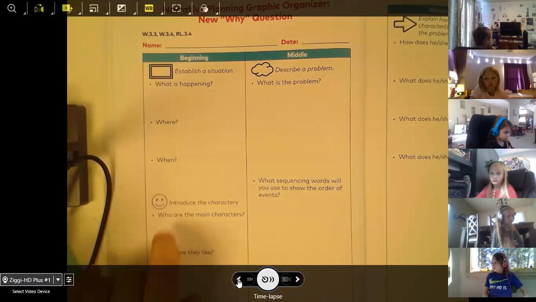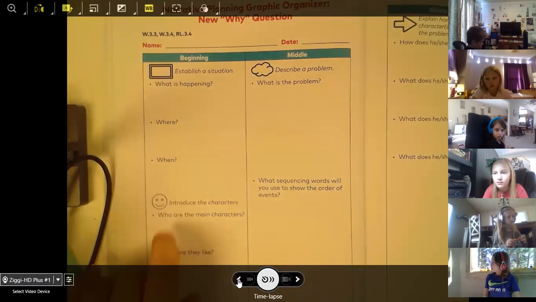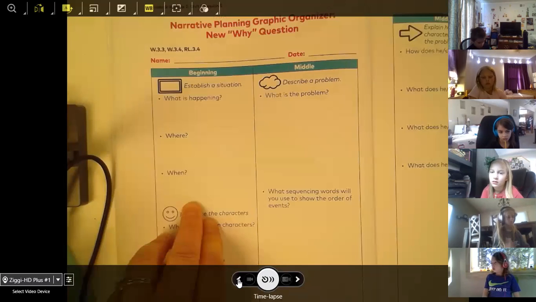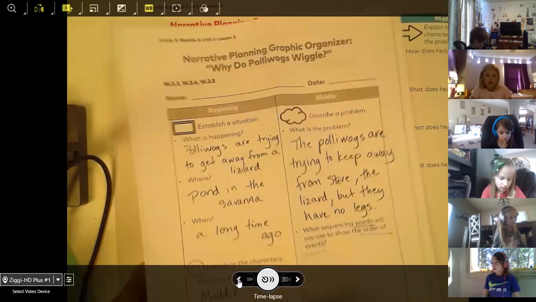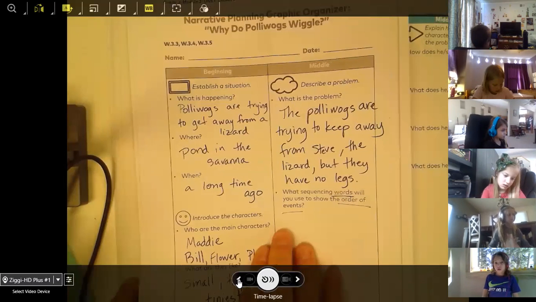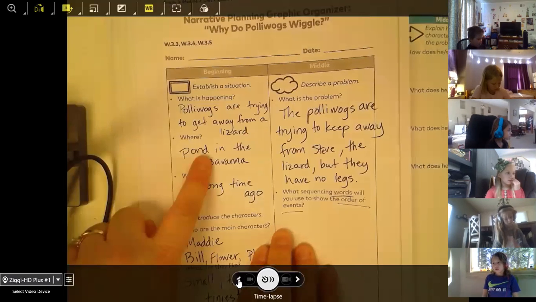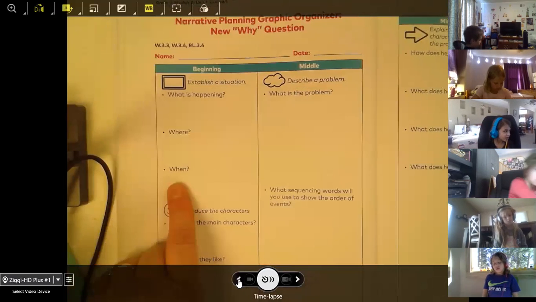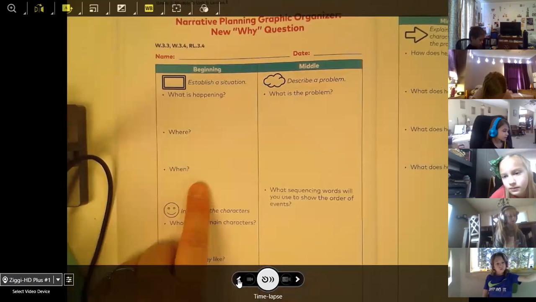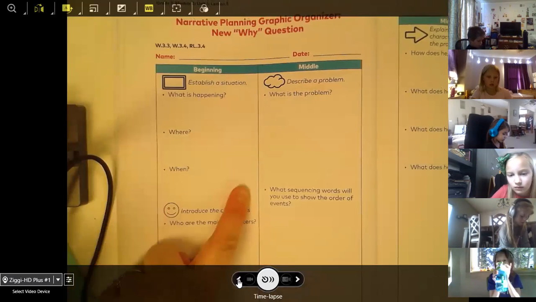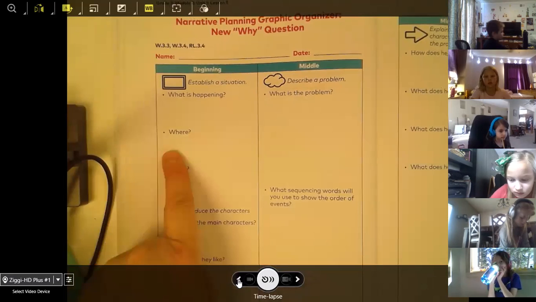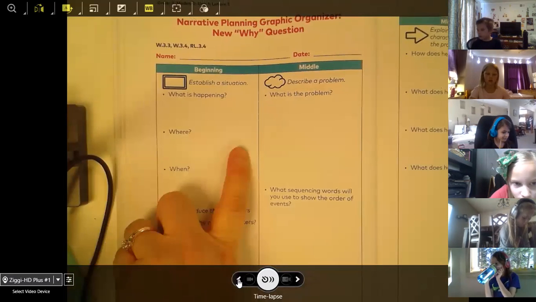So that's what we wrote on our plan. Here's ours from when we did it together. You're going to have different ideas though, right? So think about when you want your story to take place and write that down, and where you want your story to take place and write that down.